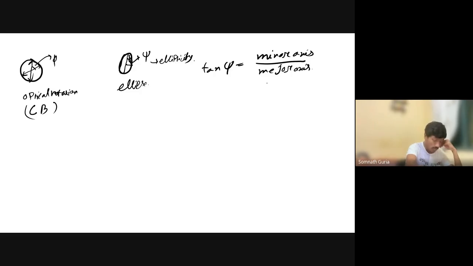Why is absorbance coming in? Because the absorbance is different, the minor axis is related to the absorbance of L minus absorbance of R divided by absorbance of L plus absorbance of R.